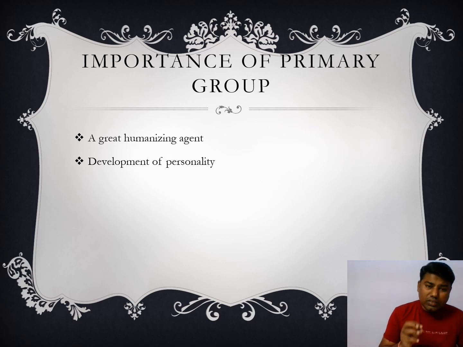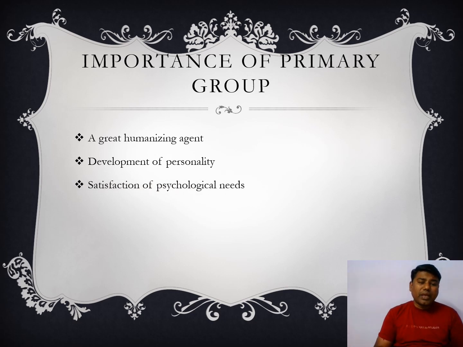So the qualities of behavior that a child picks up during the early years in primary groups find their expression in his adult life. So the primary group plays a very important role in the personality development of individuals.